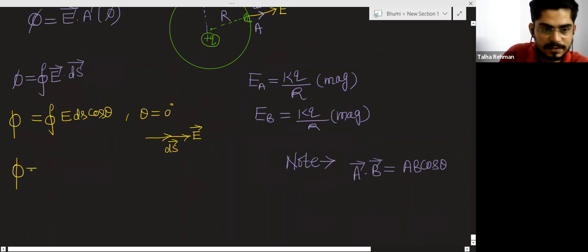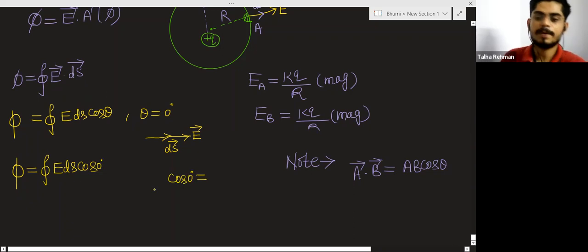Phi is the flux, meaning the total flux through this sphere. So you will write the surface integral of E ds cos 0. Do you know the value of cos 0 degrees? That is 1.